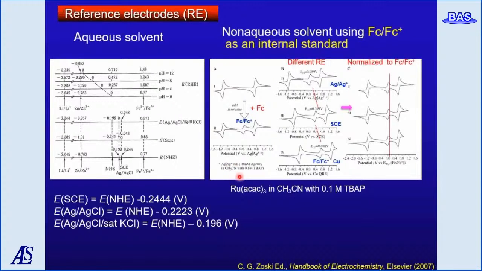Here's one example in a cyclic voltammogram. When different reference electrodes were used, the ferrocene-ferrocenium pair was measured and converted versus the ferrocene-ferrocenium couple. And you can see the same complex possesses the same potential versus the ferrocene-ferrocenium standard. Therefore, researchers recently use the ferrocene-ferrocenium couple as the internal standard.